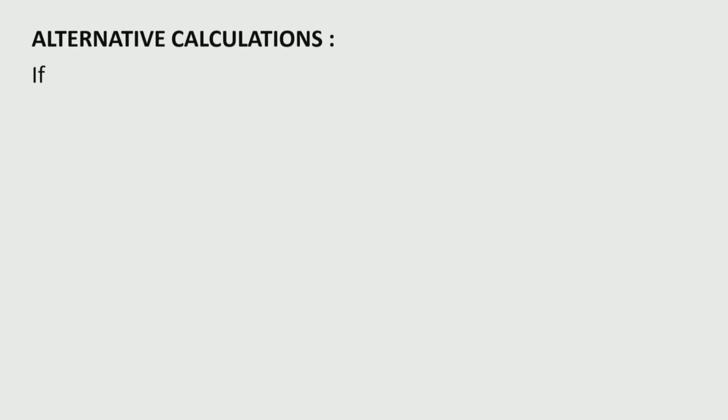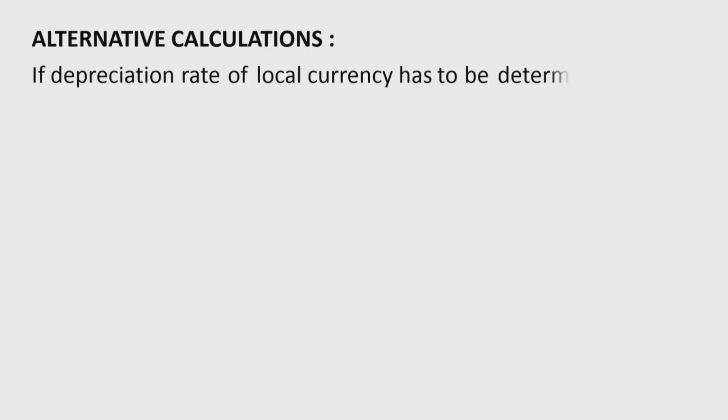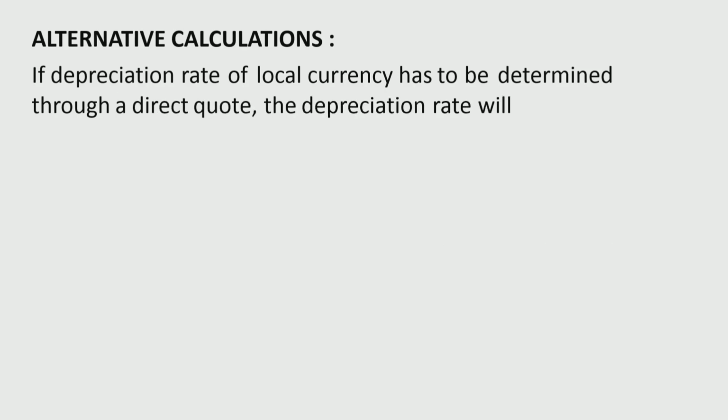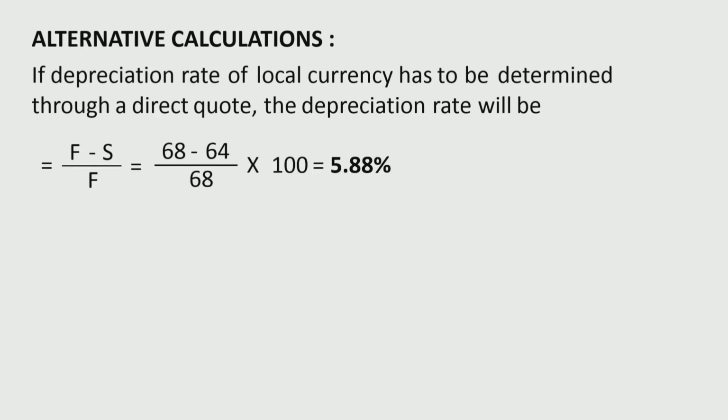Alternative calculations: if depreciation rate of local currency has to be determined through a direct quote, the depreciation rate will be F minus S divided by F, that is forward minus spot divided by forward, and what you get is 5.88%. So if you don't want to convert things into indirect quote and directly you would want to make this calculation, you can do it this way as well.